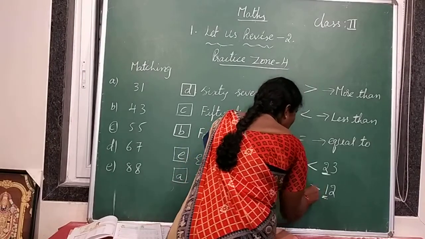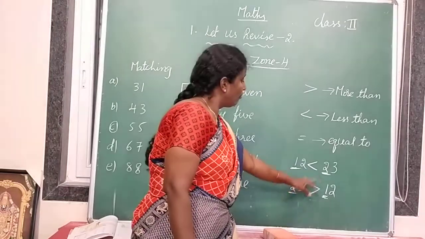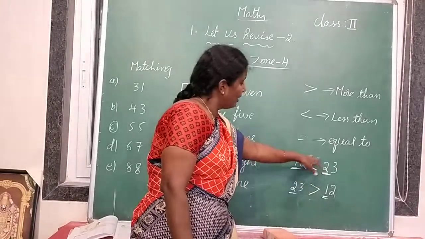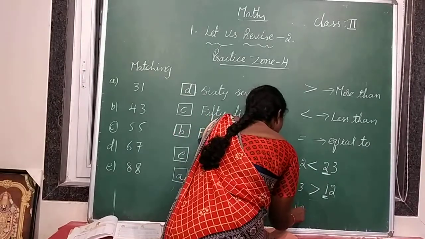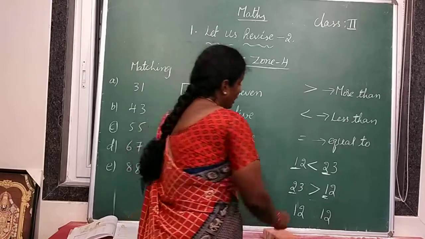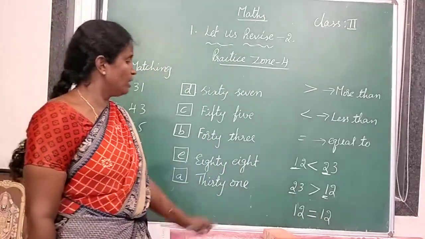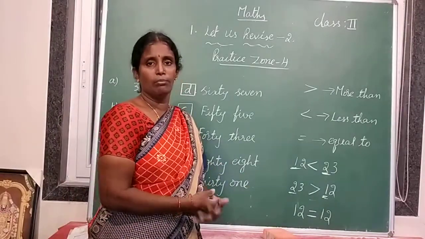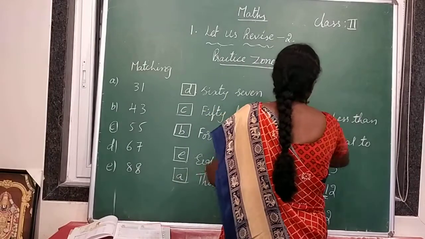If the first number is more, we use the more than symbol; if it is less, we use the less than symbol. If both numbers are the same, 12 and 12, both are equal, so we use the equal symbol. Understood? So open your textbooks, practice zone 5.